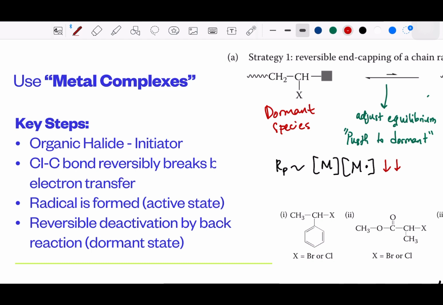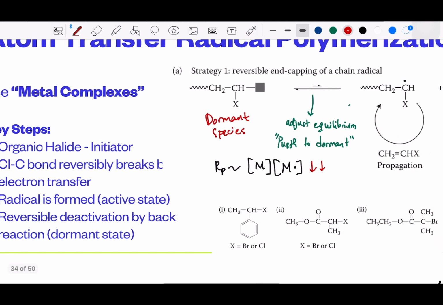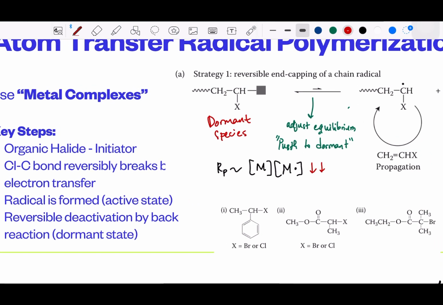That's the active state, the right side, and then we can go back and forth through the equilibrium and make sure we push to the dormant. So we can deactivate by back reactions. So we push to the dormant state.